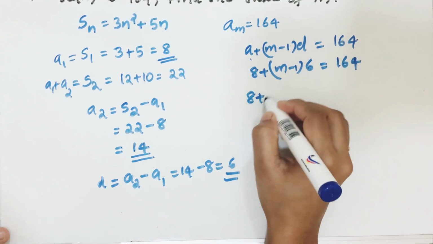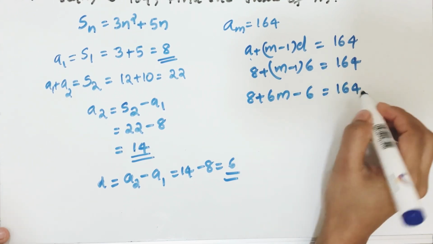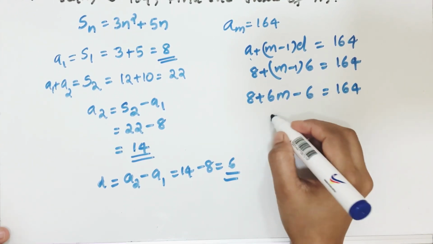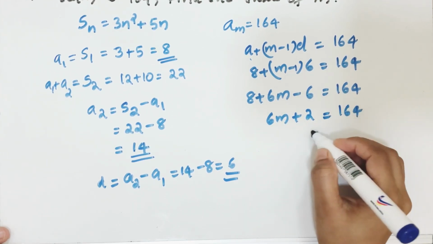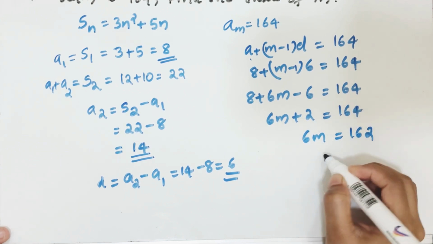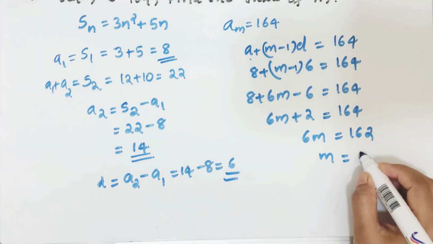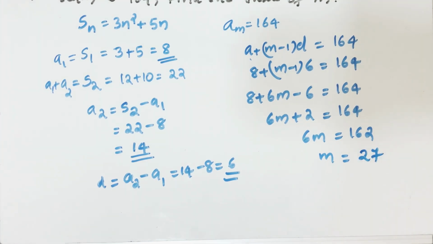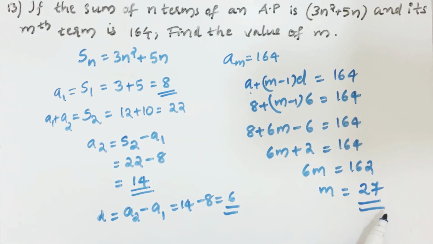That is 8 plus 6m minus 6 is equal to 164. 8 minus 6 is 2. That is 6m plus 2 is equal to 164, or 6m is equal to 164 minus 2, 162, and m is equal to 162 divided by 6, which is 27. So the value of m is 27.